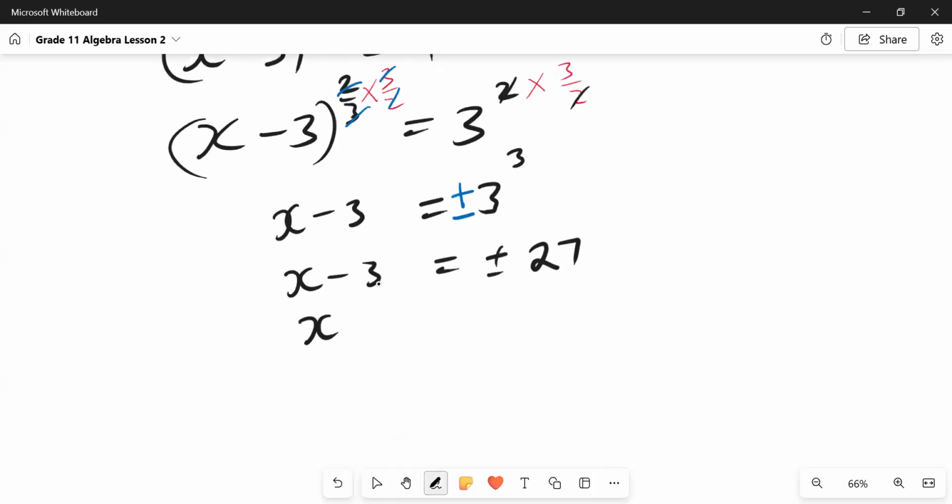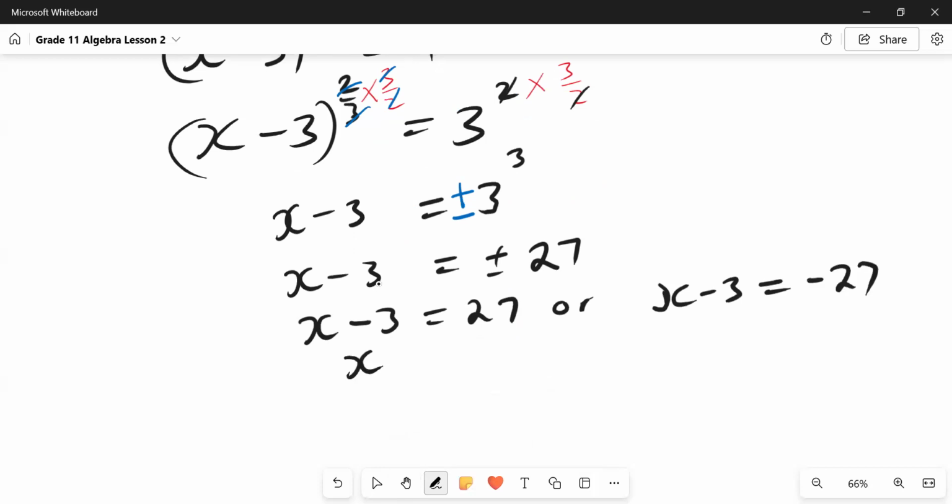And then that's x minus 3 equals 27, or x minus 3 equals minus 27. Two solutions. So this will give us x equals 30, or x equals 3 minus 27, that's minus 24.